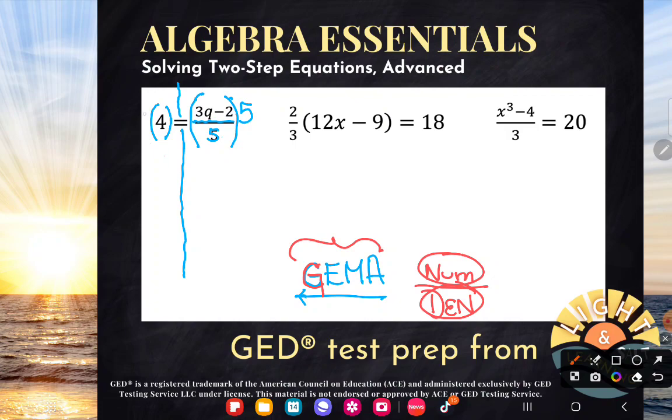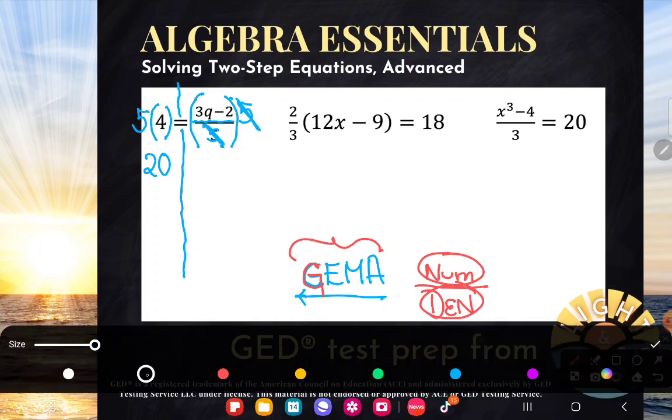So I'm going to take the entire left-hand side. Multiply that by 5 as well. And let's see what we get. Well, on the left-hand side, that's easy. 5 times 4 we said we'd do. Let's do that. That gives us 20. And interesting thing on the right-hand side, dividing by 5 and multiplying by 5, they're opposites.